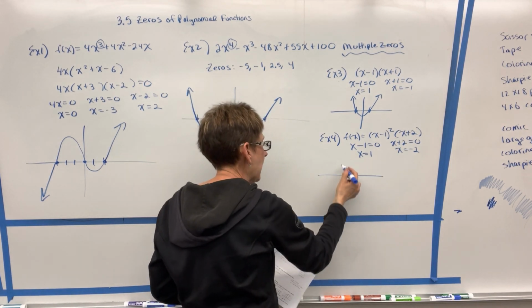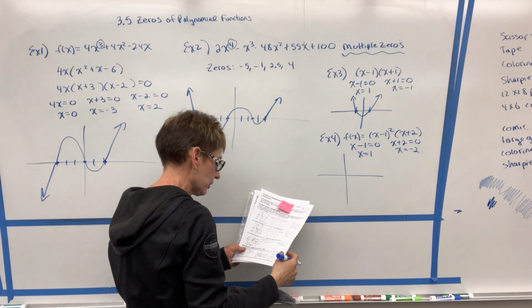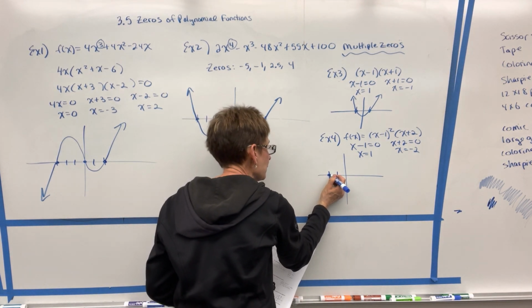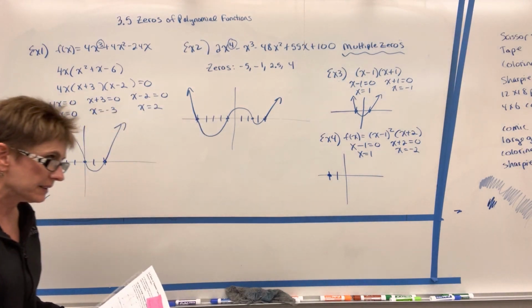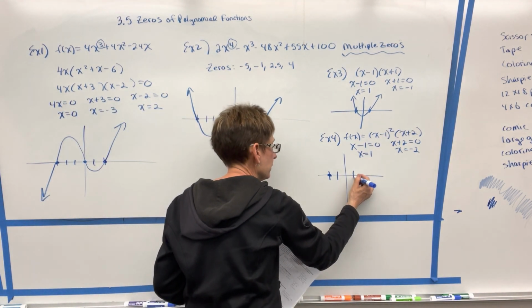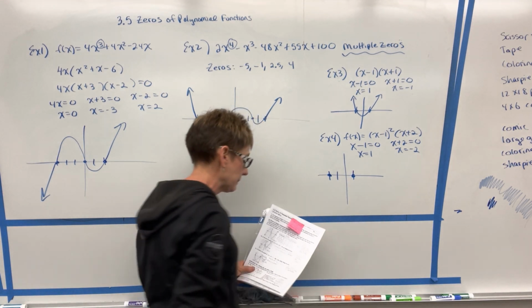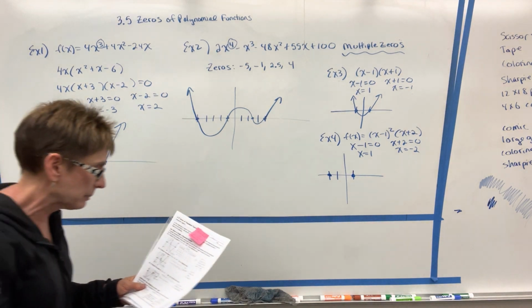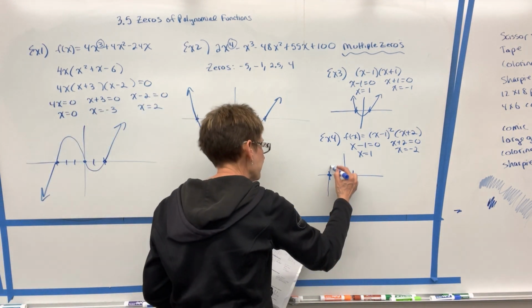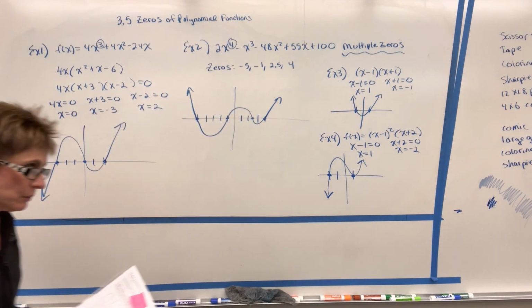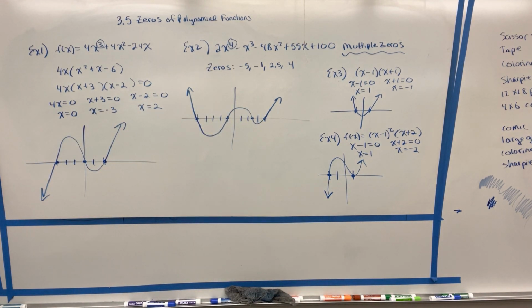Because the factor x plus 2 occurs 1 time, the function is going to go through the x-axis at -2. But because this other factor occurs an even number of times, the function is just going to touch it at that spot. So if we were to graph this, this is what our graph would look like. The function would go through the graph where x is -2, but only touch it where x is 1.